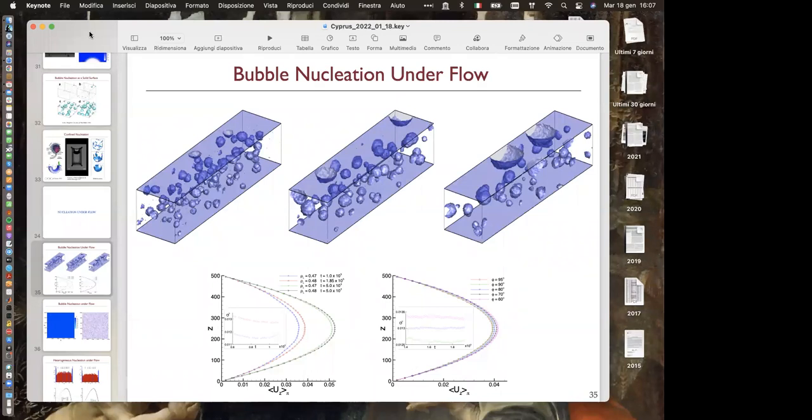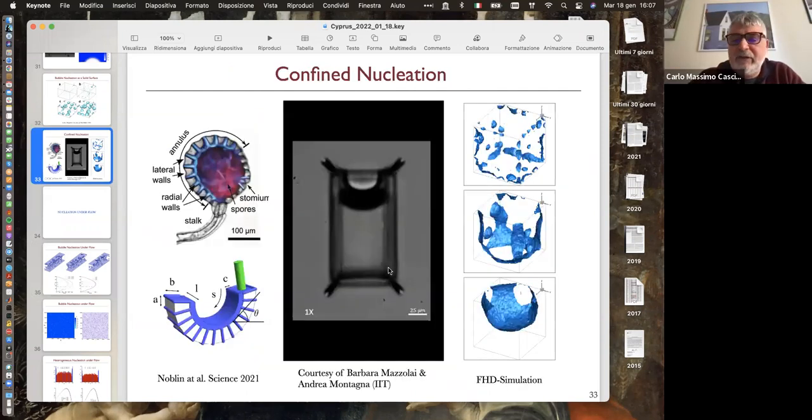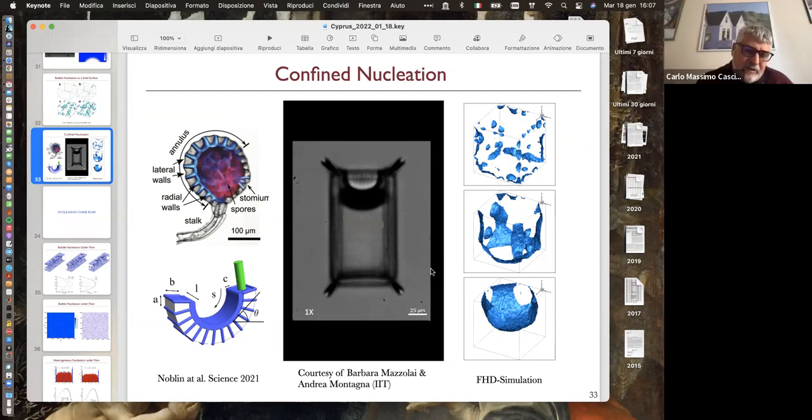Yeah. And another question, if I may. What is a typical size of the boxes for your simulations? For instance, this cube over there is of the order of half a micron cubed. Okay, thank you. In principle we can increase the size.